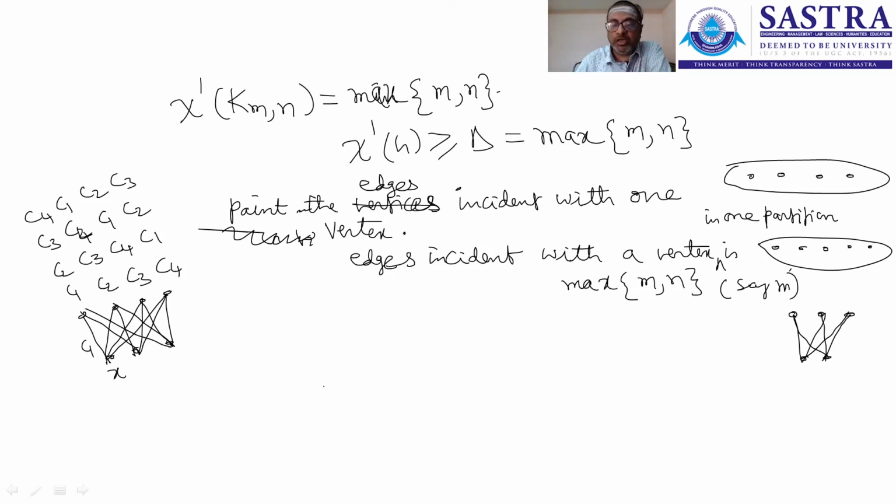But anyhow, you can also try this. You can also say that here you will have chi dash of G. I have to show that chi dash of G is less than or equal to the maximum of m comma n.